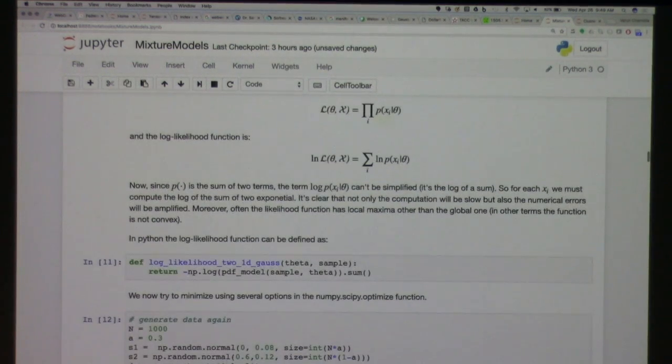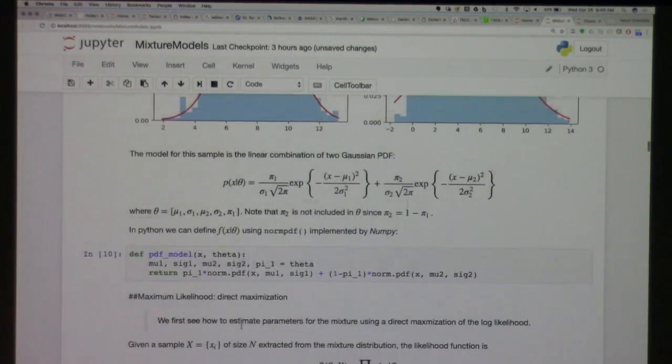If you go to this formula, all I'm doing is taking the log and adding it up. And this PDF model is here. This is doing exactly what I wrote earlier, right? It's taking zk, which here, since there are only two classes, will be pi and 1 minus pi, times the PDF under that. So that's the pk of x given theta and the other one, right?